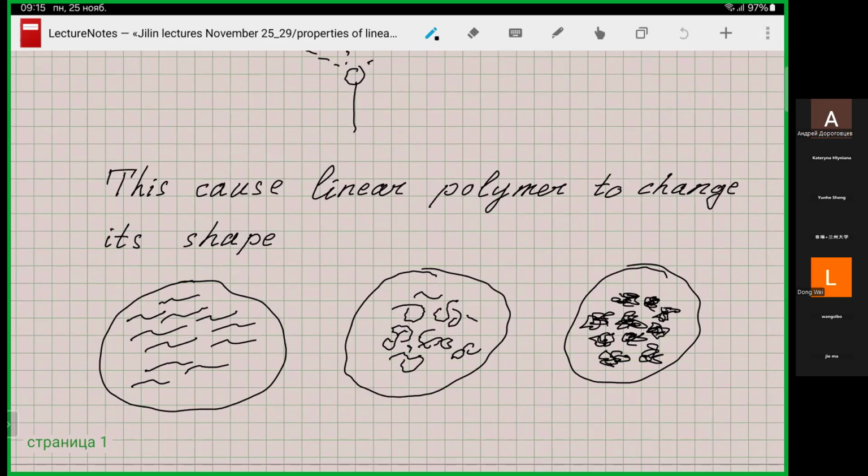solutions of linear polymers. One contains more or less linear lines in some fluid. Another one contains lines which are slightly knotted, and the last one contains the so-called polymer collapse.